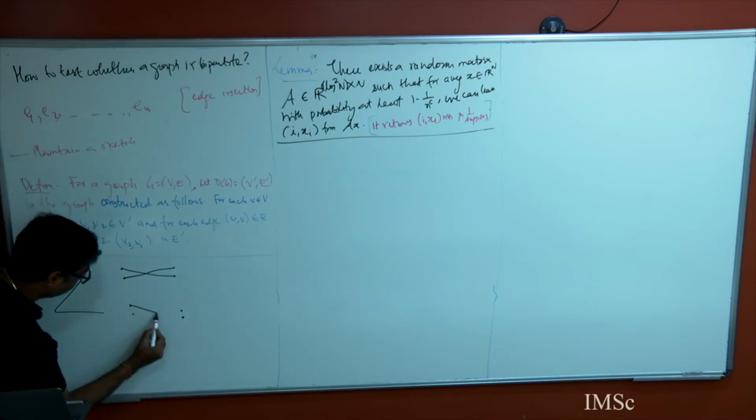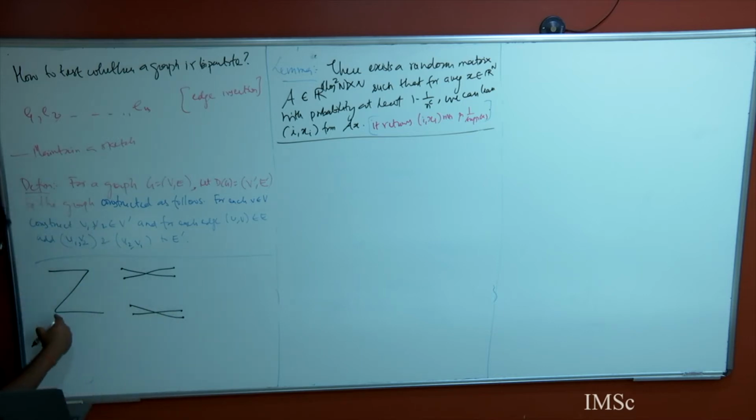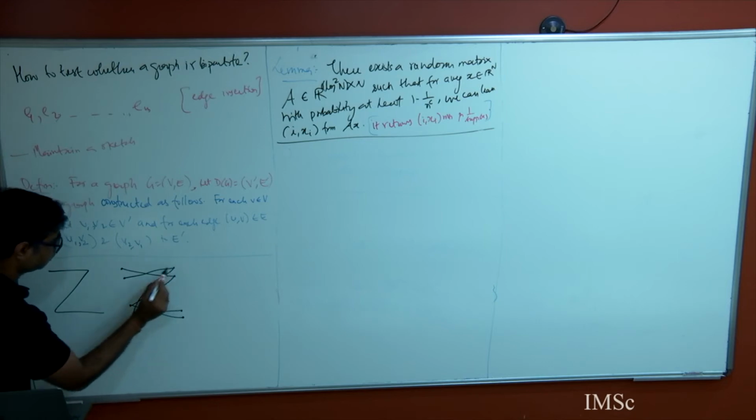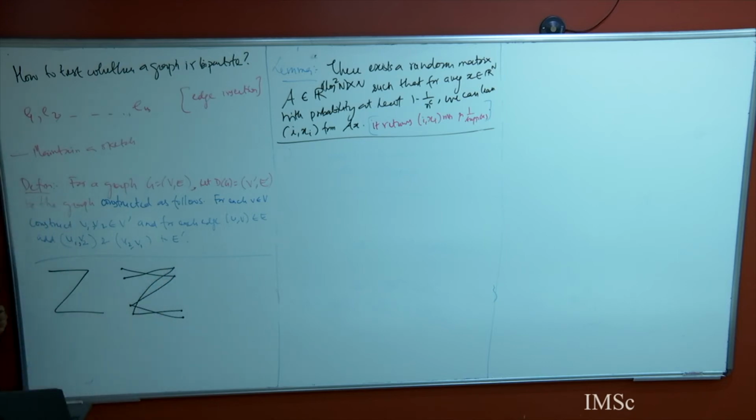And similarly here I will add the second copy, and here the first copy will go to the second vertex.